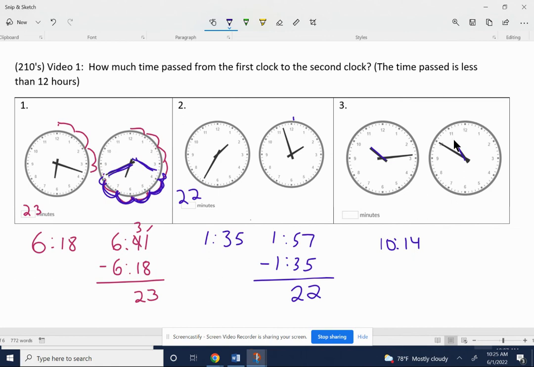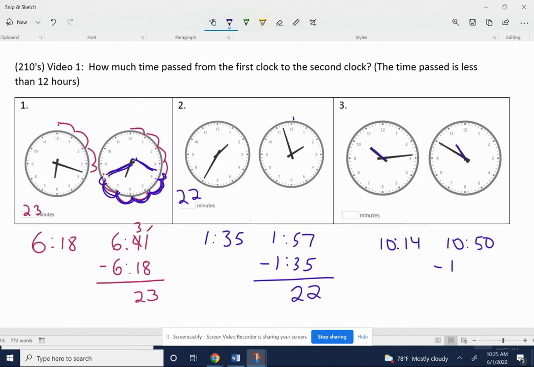The second clock, it's past 10 o'clock, looking at the hour hand, but the minute hand is showing, start here at the 12, 5, 10, 15, 20, 25, 30, 35, 40, 45, 50. So 10:50.